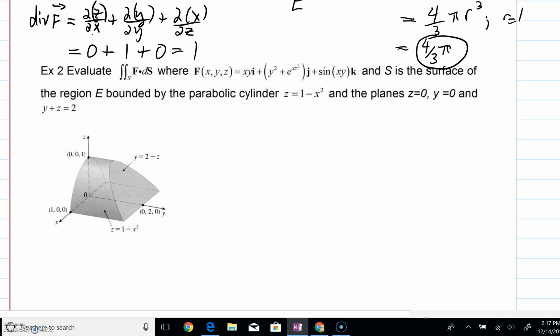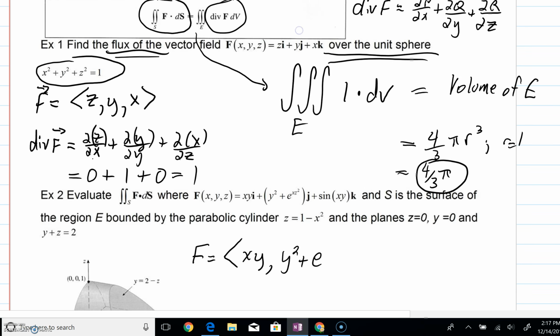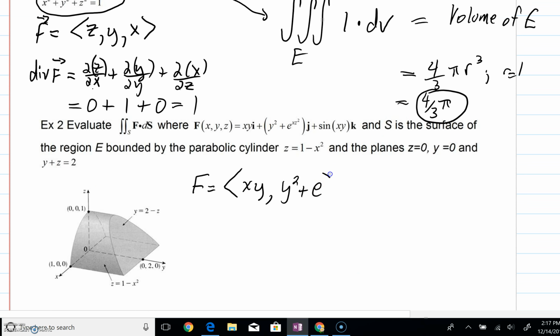So that's a quick introduction. Let's very quickly take a look at our last problem of the day. Here's example 2. We're asked to evaluate the flux where f, of course, is going to be this xy, and then we've got y squared plus e to the x z squared, and then we'll have for our k component a sine of xy.